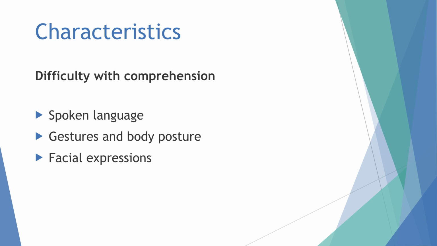Or facial expressions for kids that don't recognize when someone has a facial expression of like, what are you talking about? People recognize that in a conversation, and they sometimes adjust the conversation. They can read that and say, oh, I can tell this person isn't understanding what I'm saying. Maybe I'll back up. Maybe I'll ask a question, and we do what we call repairing language. Our kids oftentimes miss those pieces.